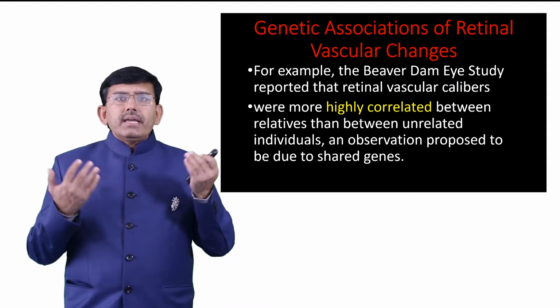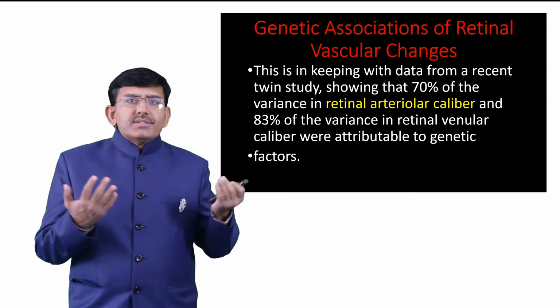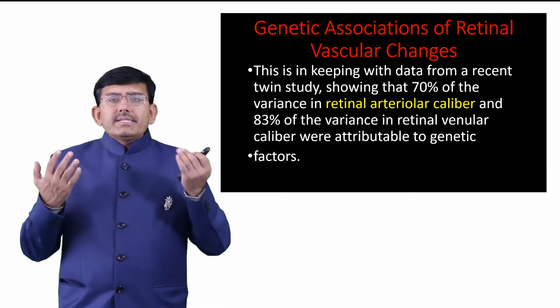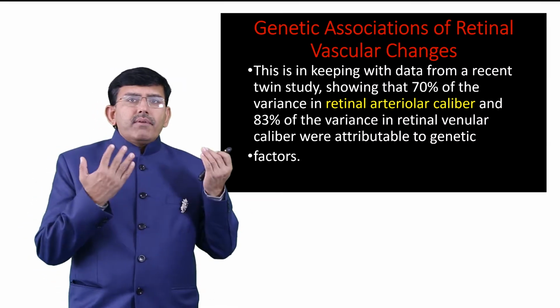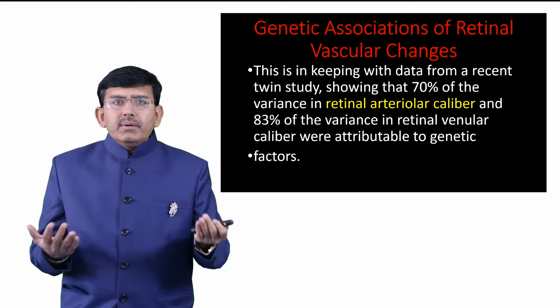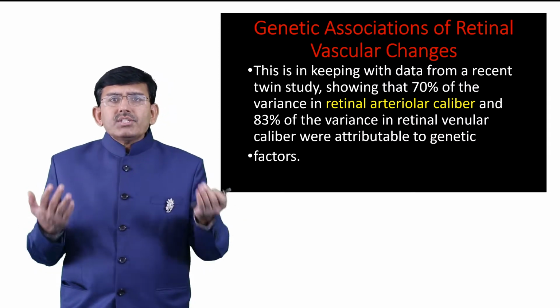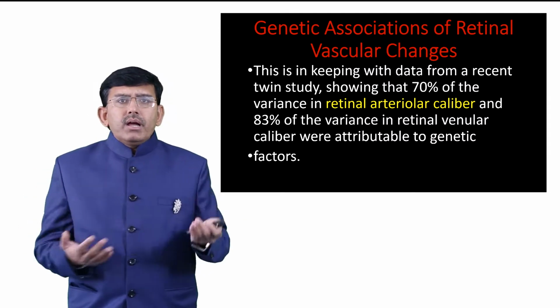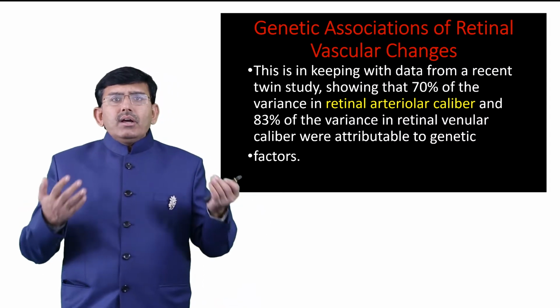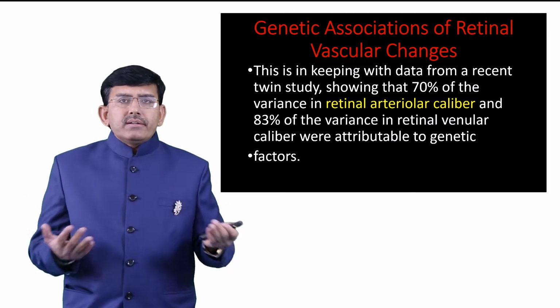This is in keeping with data from a recent twin study showing that 70% of the variance in retinal arteriolar caliber and 83% of the variance in retinal venular caliber were attributable to genetic factors.